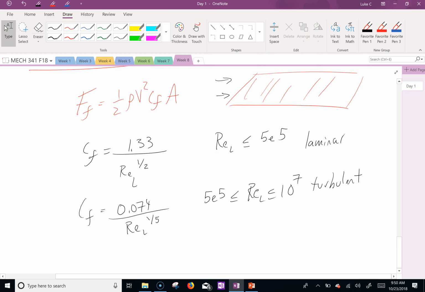These equations only give you friction along the surface, like the sides of the truck. If you want to find the overall drag of the truck, you have to go back and use the 1/2 rho v squared C_D. So sometimes they just do that, and I'm going to skip this.